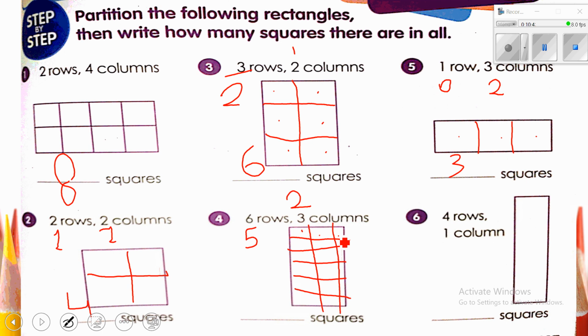Here I have 3. And here, let's see how many I have. 1, 2, 3, 4, 5, 6. So 3 times 6.